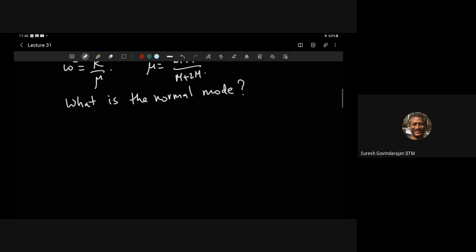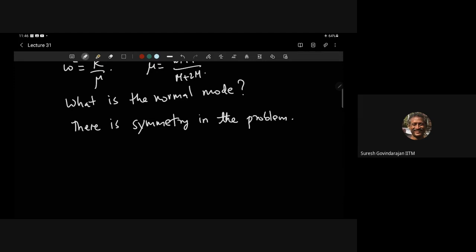Okay, so there is also symmetry in the problem. Why?